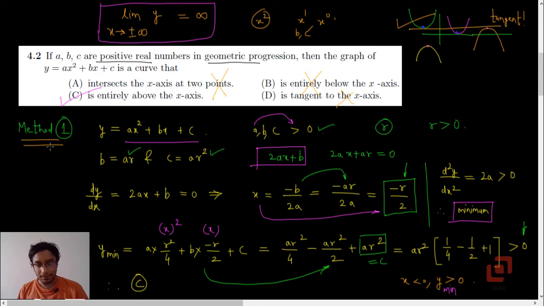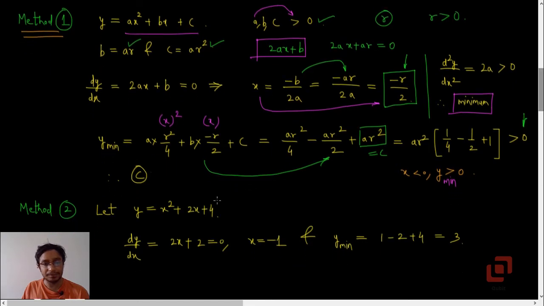Now I have one more method for you, which is a modified version of this method. So what I have done is, instead of dealing with A, B, C separately, or as distinct entities, I have brought in numbers. I have picked the geometric progression as 1 to 4, so I have taken A as 1, B as 2, and C as 4.